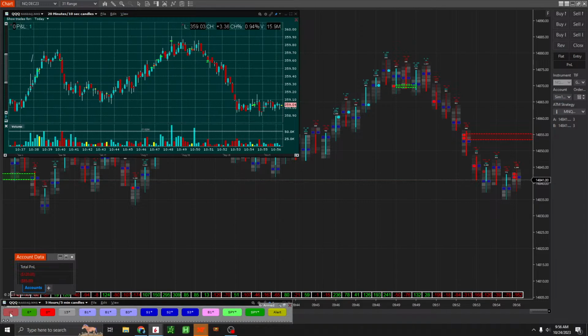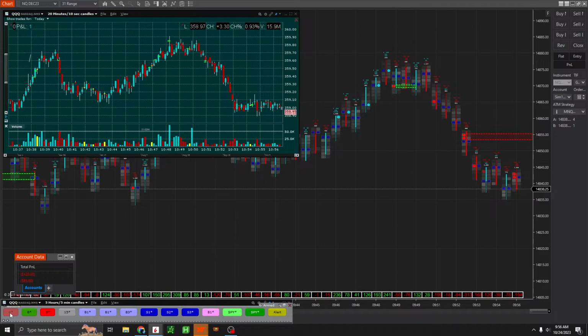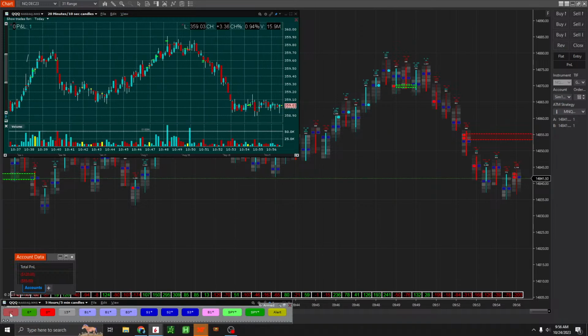Okay, double stacked imbalance there. Let's see what happens to it. Market feels weak. If we get another spread imbalance and it triggers off of that, I'll go short. If we absorb that and go above it, then I'll go long.